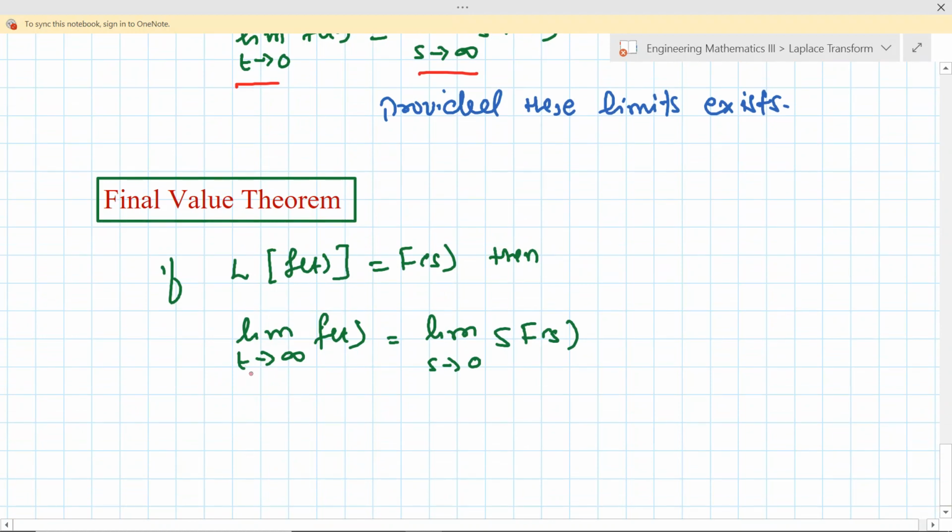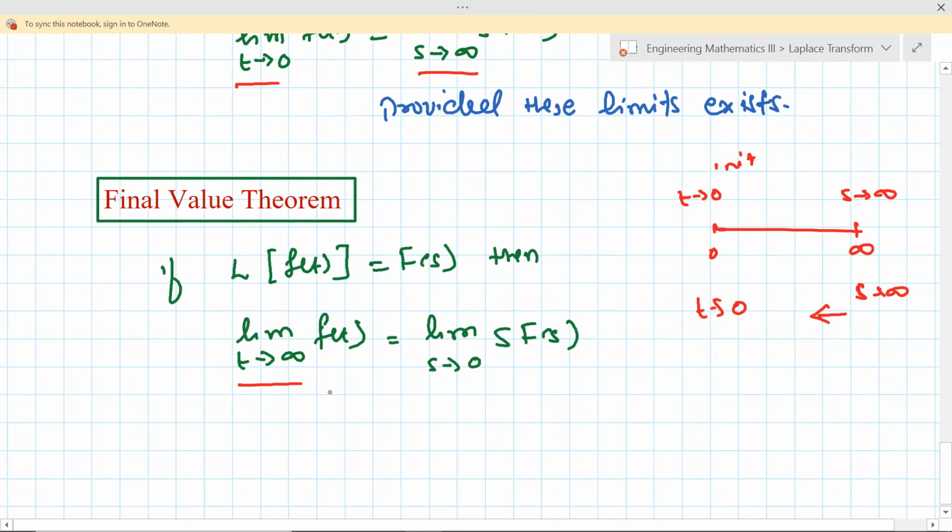First t tends to infinity means final value. So this is 0 and this is infinity. Okay, so in the initial value theorem, t tends to 0 first and then s tends to infinity, and in the final value theorem, first s tends to 0 and then t tends to infinity.